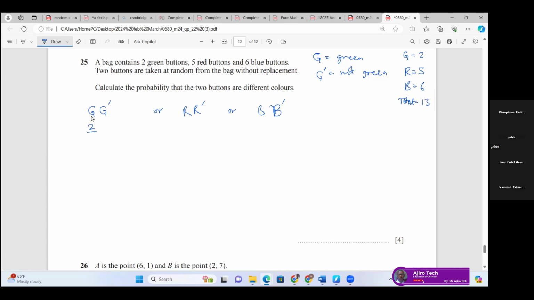So green brings 2, that's 2 over 13, times the next one being not green. If it is not green, add the other two, 5 plus 6 is 11, over total, which is no longer 13 here. It is short one, therefore it will be 12, because I've taken 1 here, so this will remain 12. Now, this case, red. 5 is red over 13. Now, not red. How many are not red?